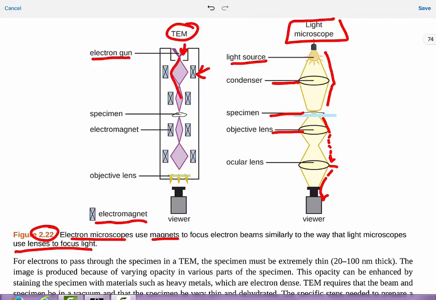So it's going to be bouncing these electron beams along this long tube, part of the microscope, through the specimen, and then it continues to bounce them to the objective lens, where the viewer can see them. So we're using these electromagnets to bend and bounce these electron beams and get them going where we want them to go into the specimen, and then it's going to bounce around through there and come back out and give us a nice image.